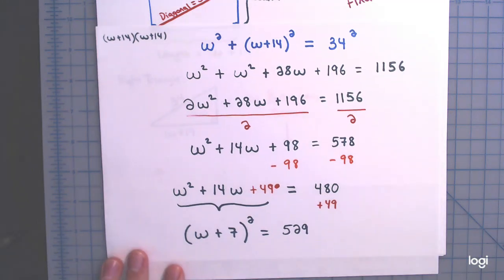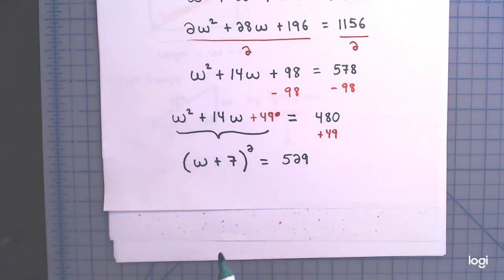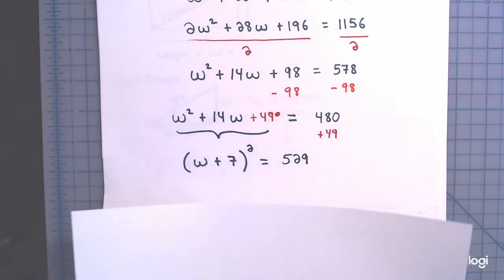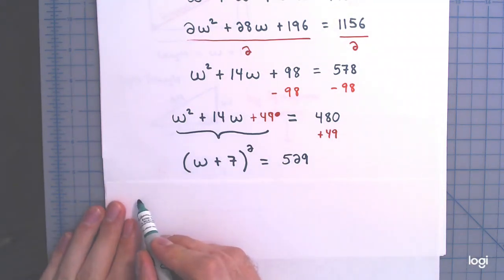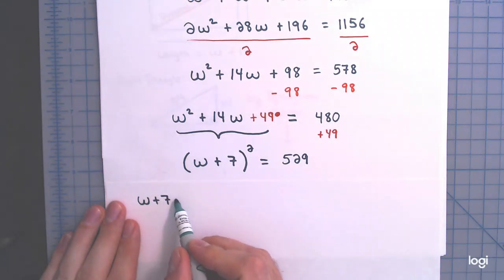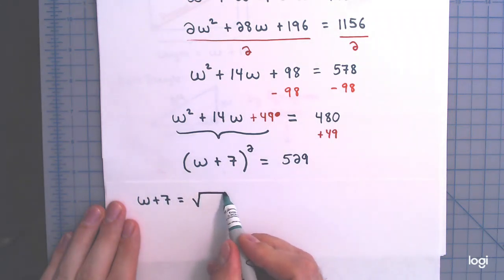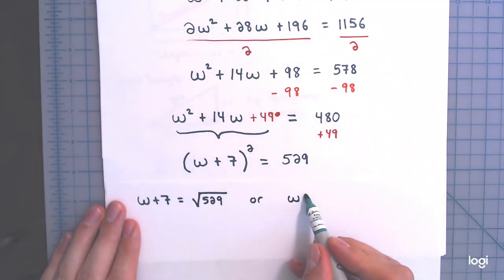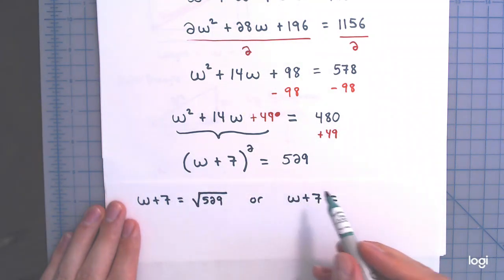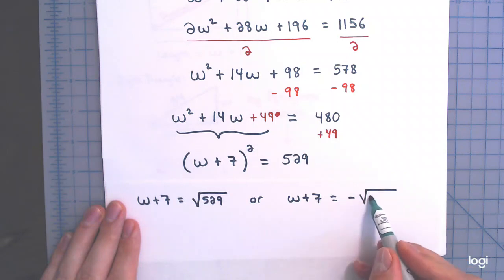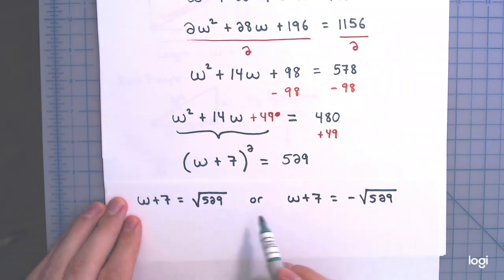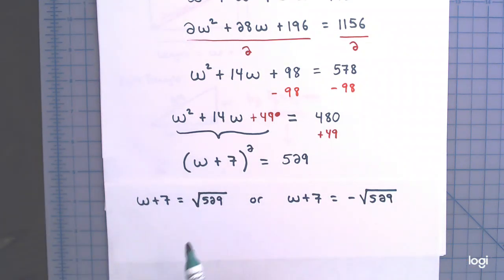Alright, I have an equation now where I could use that square root property. If w plus 7 squared is 529, then w plus 7 is either the square root of 529, or w plus 7 could be the negative square root of 529. And 529 is actually 23 squared.